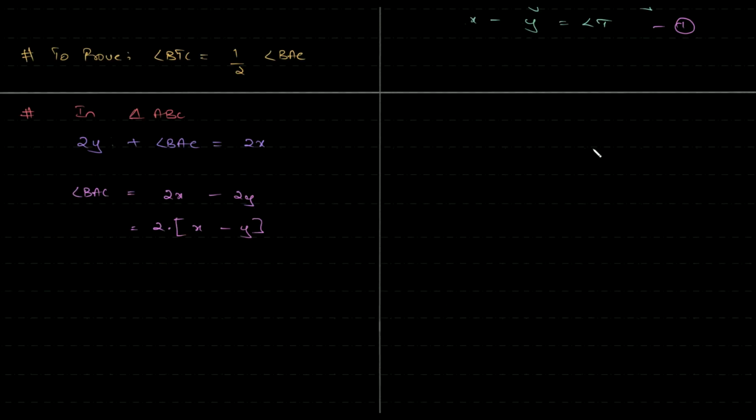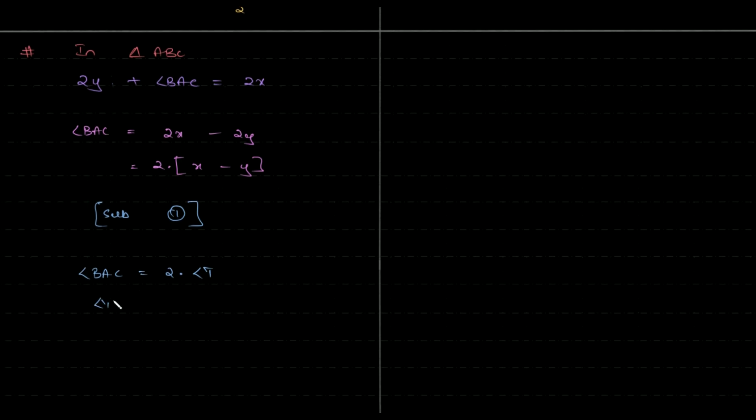So from 1, what can we tell? If I substitute 1, we have angle BAC is equal to 2 times of angle t. So angle t is equal to 1 by 2 times of angle BAC.